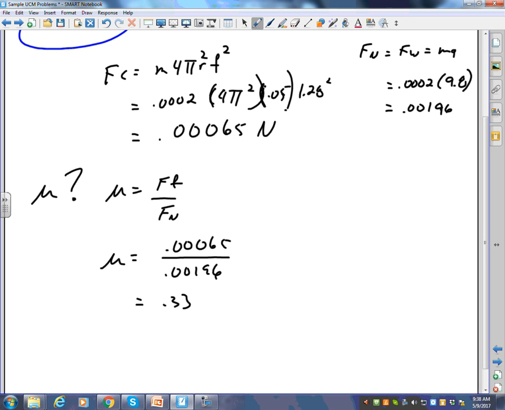Does that seem like a reasonable mu value? Remember, mu values are always less than 1, or 99% of the time less than 1. Wood on wood, I think you found was about 0.25 or 0.3. So that seems pretty reasonable. Right? Yes.